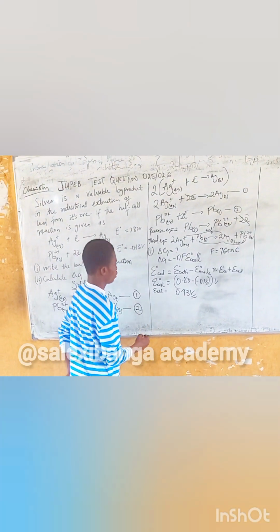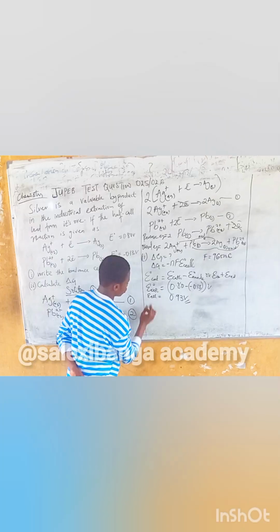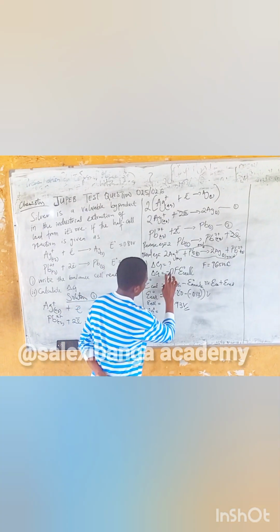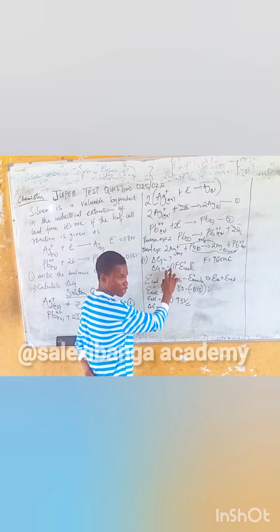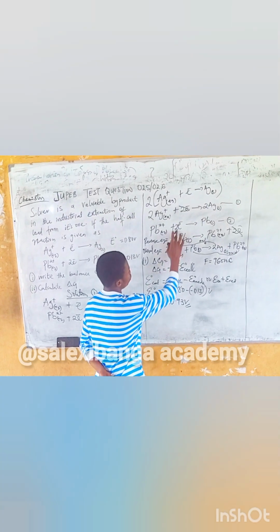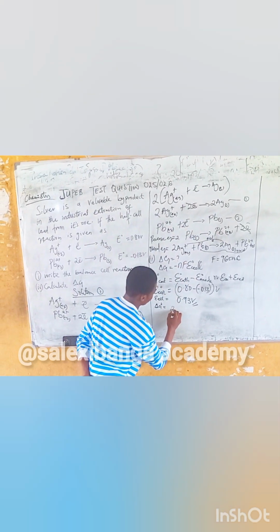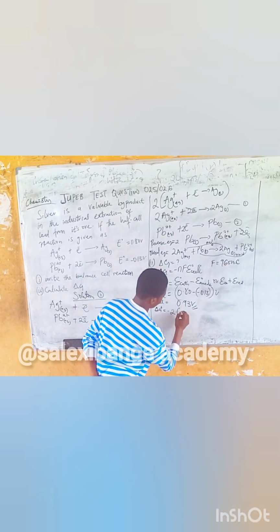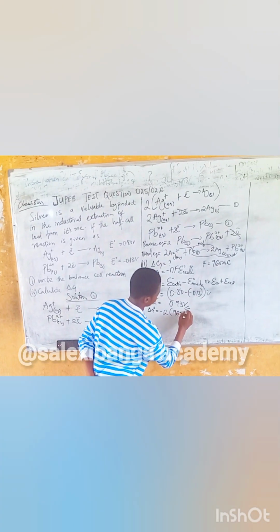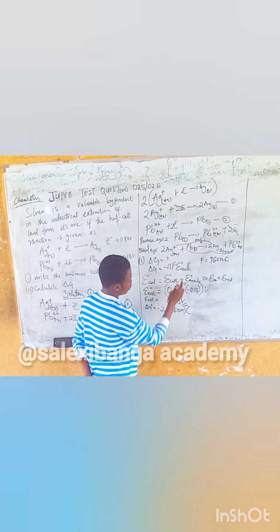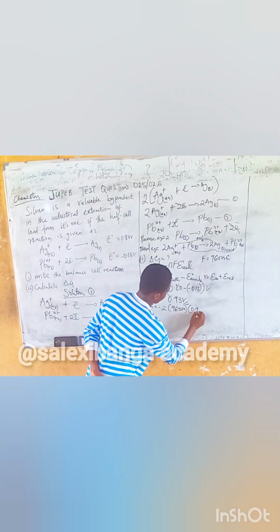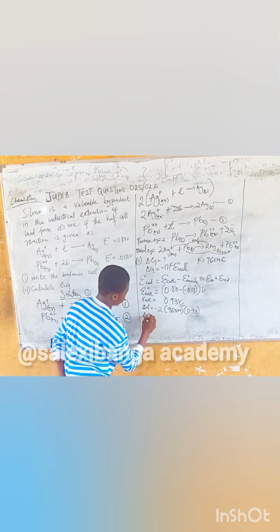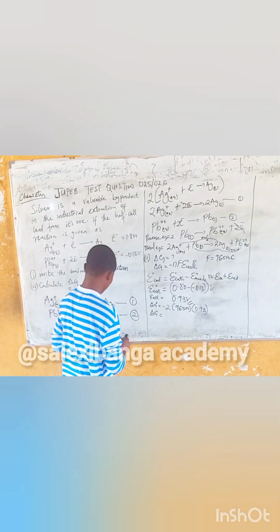That's the answer. And then to get our change in G, from this formula, n is the number of electrons lost or gained. From the equation, we have 2 electrons. That will give us minus 2 times F, 96500, times our E cell, which is 0.93.